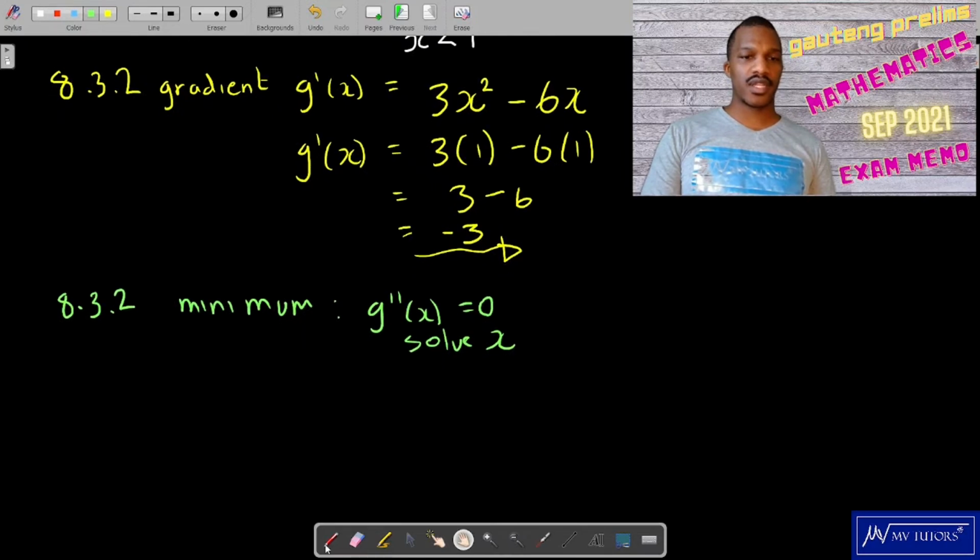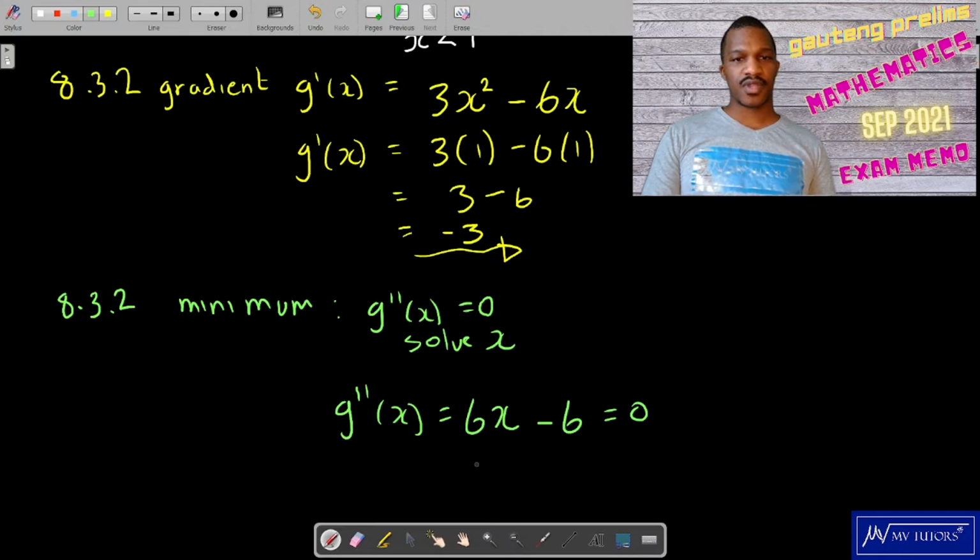Okay, so let's get the second derivative. It's going to be g''(x), we'll just derive from here. It's going to be 6x minus 6, and then we equate this to 0 and solve for x. So I'm going to have 6x equals 6.